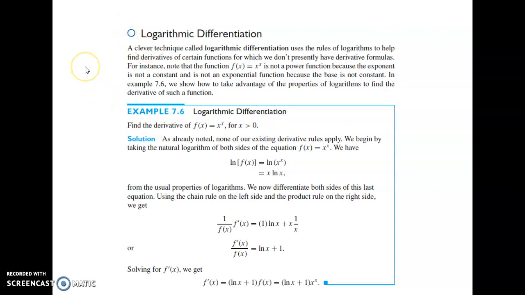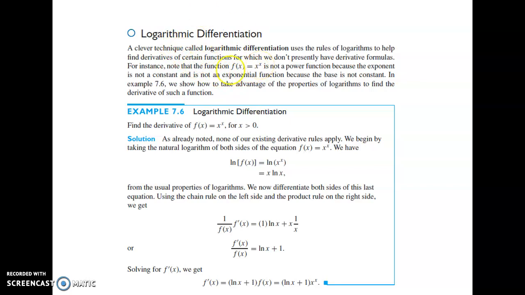Last, a very important differentiation called logarithmic derivative. In the earlier questions we had a power function where the base is x, and an exponential function where the power is x, but we have some functions where the base is also x and the power is also x.